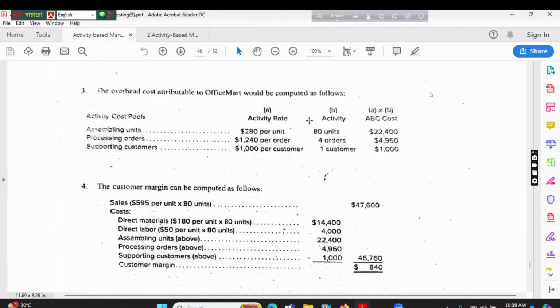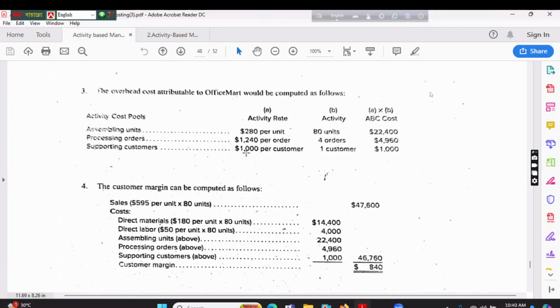Activity rate, and the number of activities performed for this customer. Assembly units, 80 units assembled. Orders, 4 orders. Activity rate, 280 per assembling unit. From record 2, we find the activity rates.